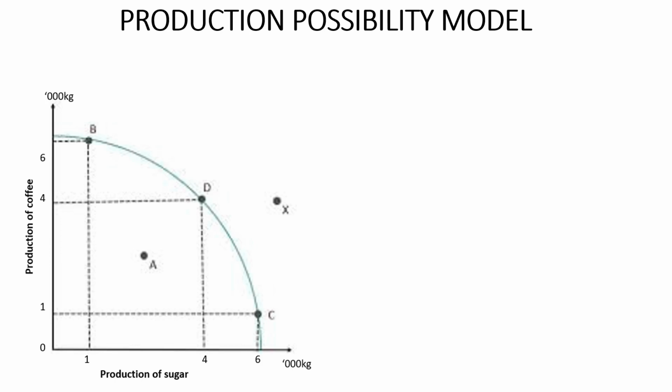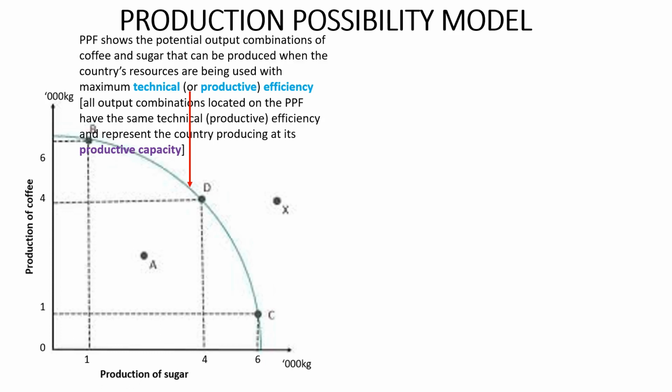As I've already explained, the production possibility frontier shows the potential output combinations, in this case, the potential output combinations of coffee and sugar, that can be produced when the country's resources are being used with maximum technical or productive efficiency.